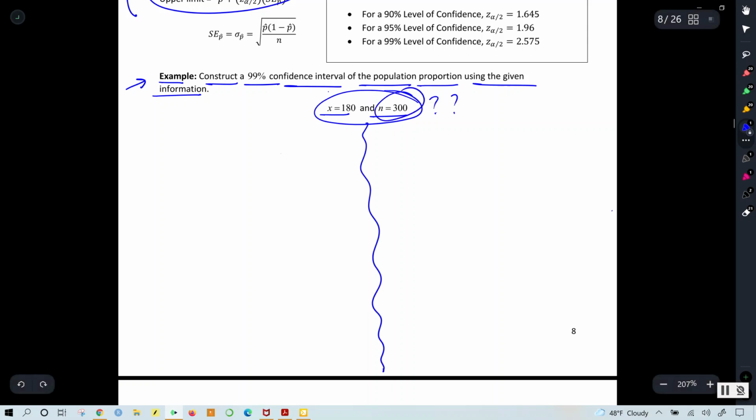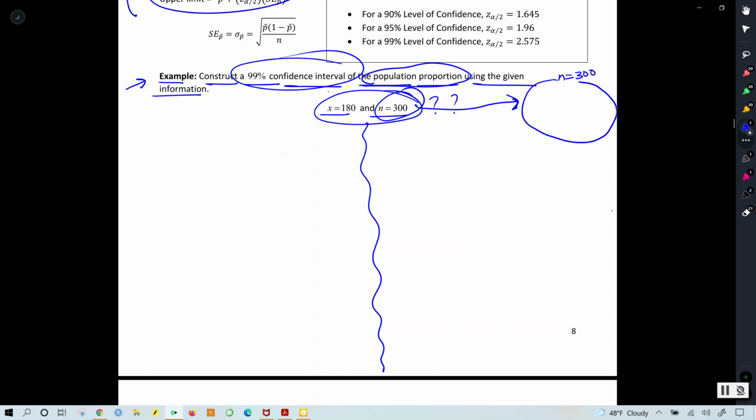The n equals 300 means that, in order to construct a 99% confidence interval for an unknown population proportion, the information I have is data collected from a sample of 300 entities. Out of this 300, what we have found is that 180, X equals 180, have the desired attribute of interest.